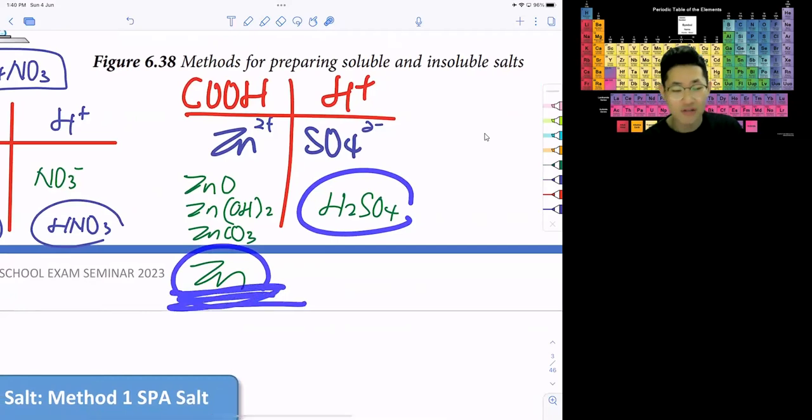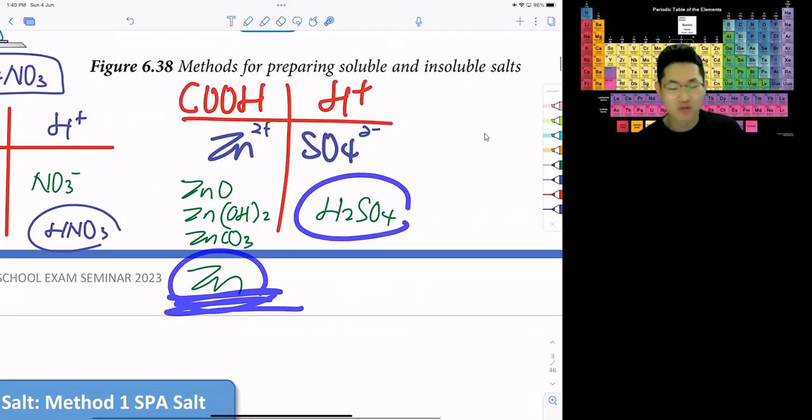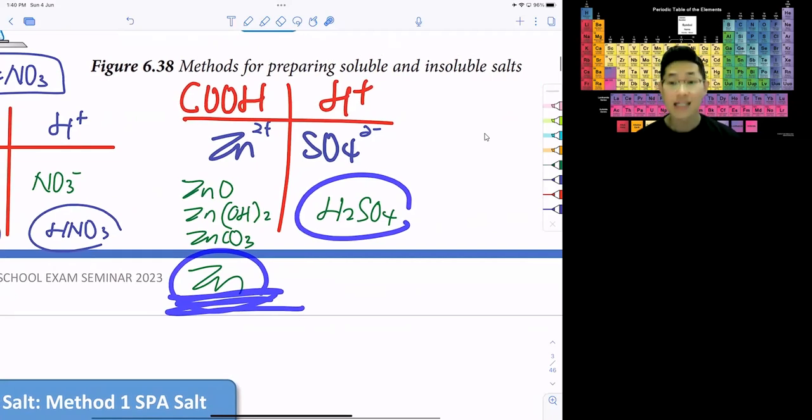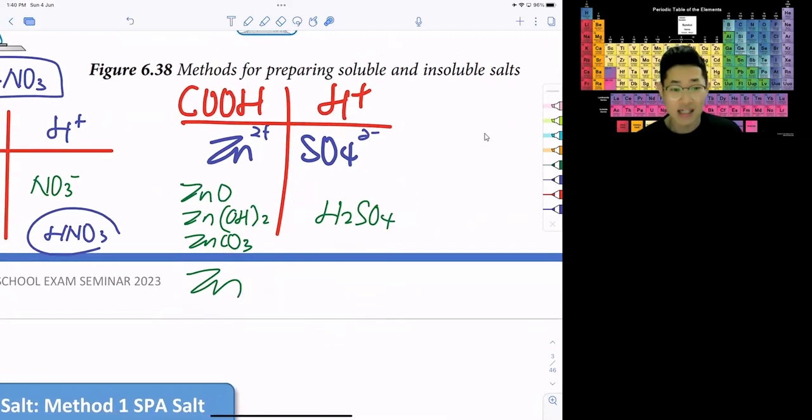Can I actually use the reactive metal, zinc, to react with acid? Yes or no? What do you think? Can or cannot? Yes, the answer is can, because zinc is a reactive metal. So zinc can react with the sulfuric acid to get zinc sulfate.